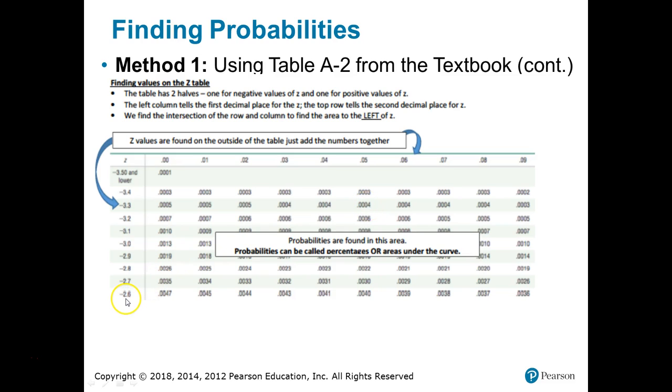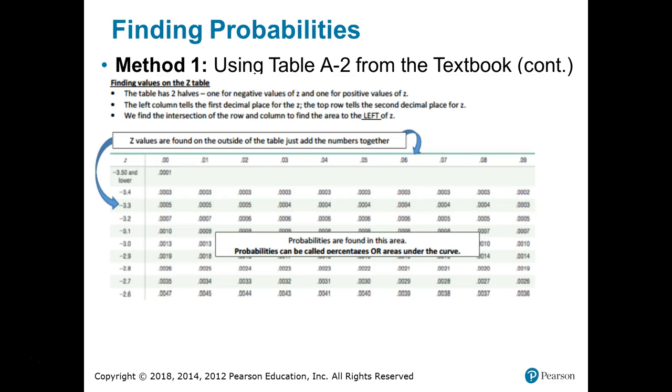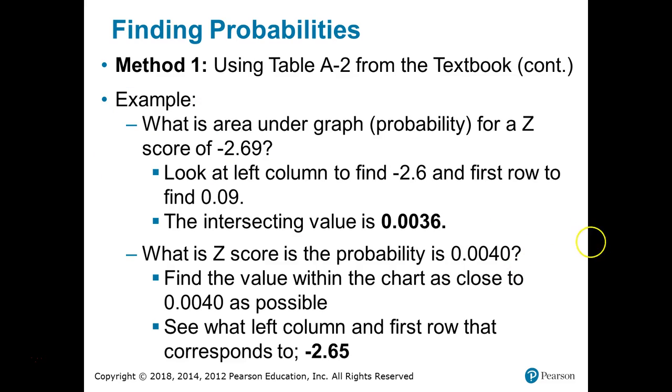Negative 2.69 would be negative 2.6, and then 0.09. Negative 2.69 would be 0.0036. Another example was look for the z-score for negative 2.69. I think that was the one we just did. Okay, perfect.